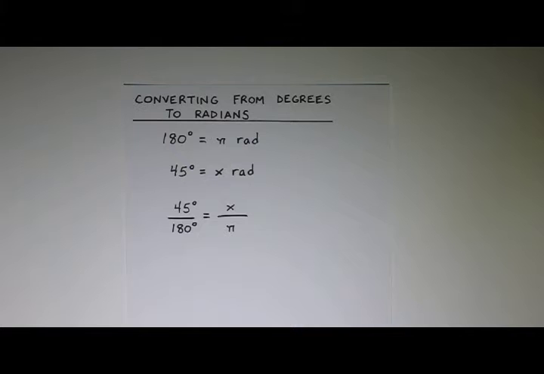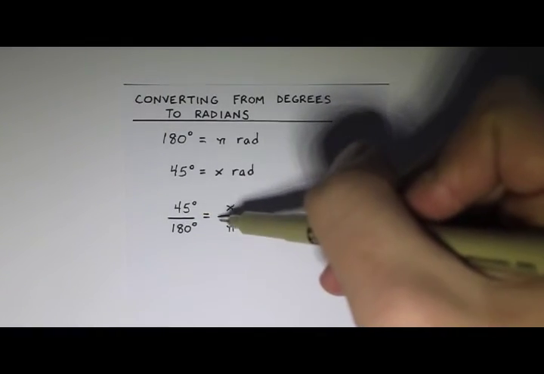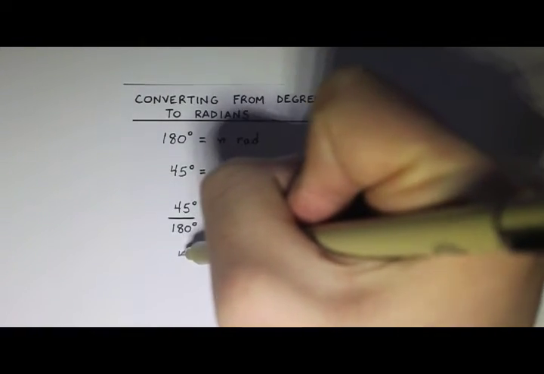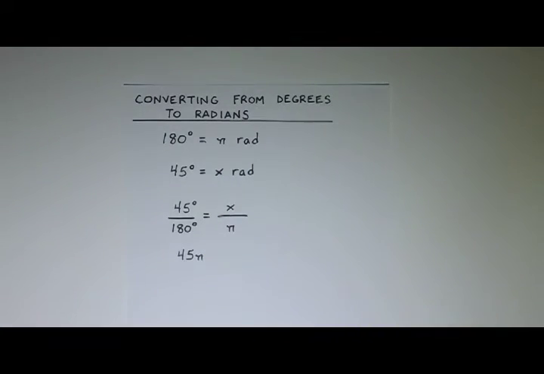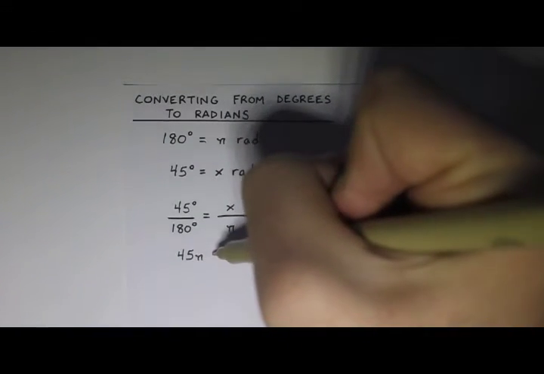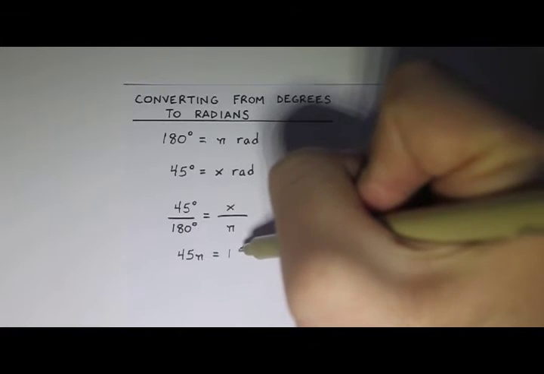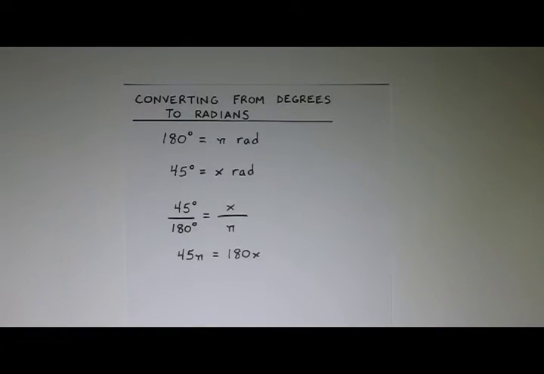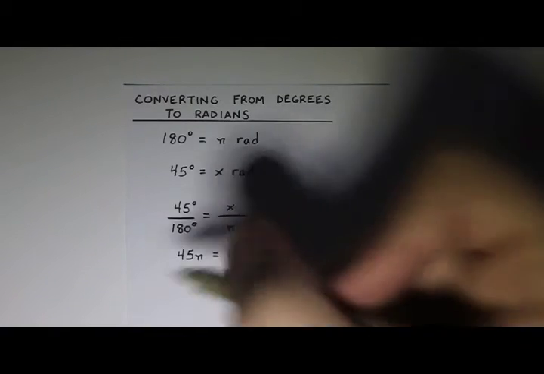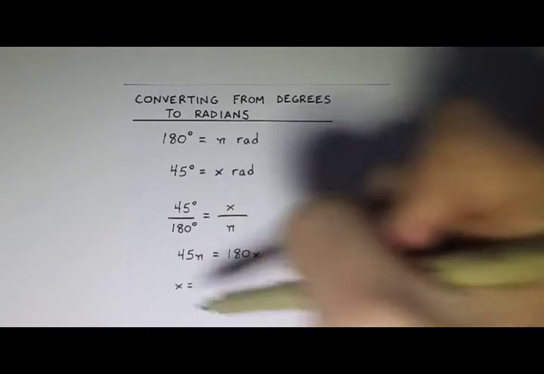And when you have one fraction equal to another fraction, you can solve this equation by cross multiplying. So 45 times pi, I'm going to leave off the degree symbol because my answer will end up being in radians, equals 180 times x. And now I can solve this for x by dividing both sides by 180.